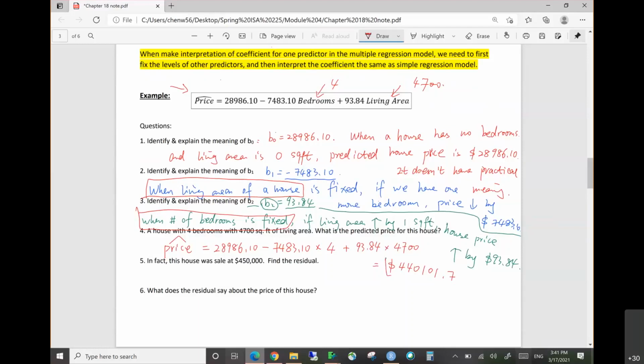Then we say this is the predicted house price for this 4 bedroom, 4,700 square feet house.